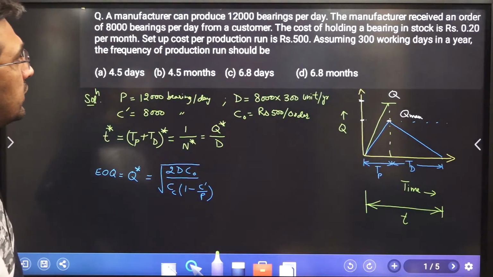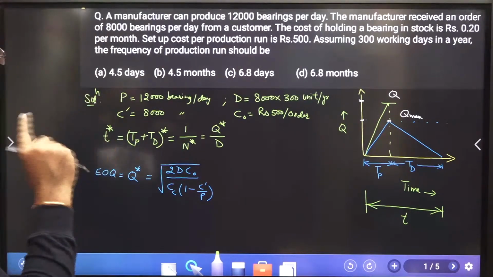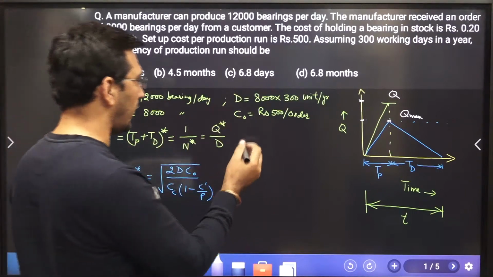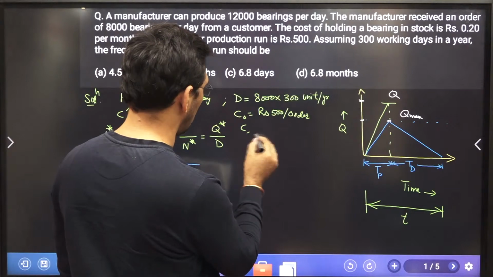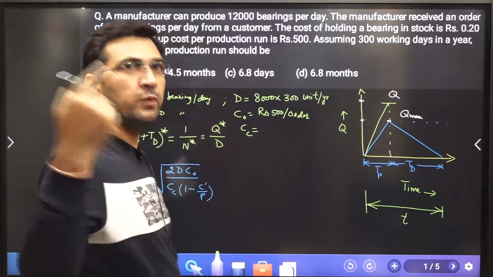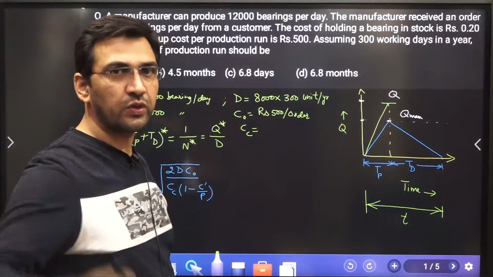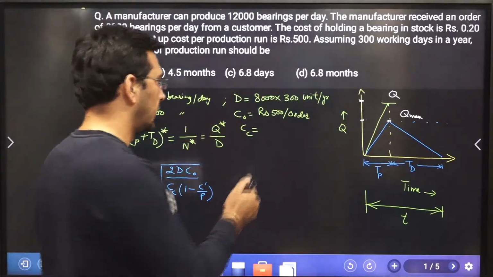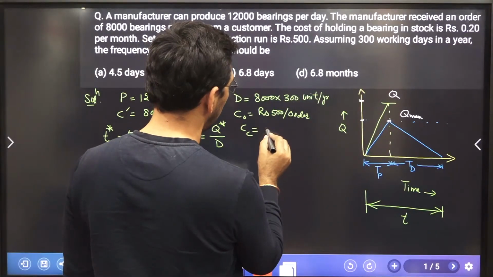And what is the carrying cost? The cost of holding a bearing in stock is rupees 0.2 per month. But I want the carrying cost. So carrying cost, as you know how it is represented, is rupees per unit per unit time. To hold that quantity for a certain duration of time, how much do you have to spend? In this case, since this is per month, I can convert it into a year also.